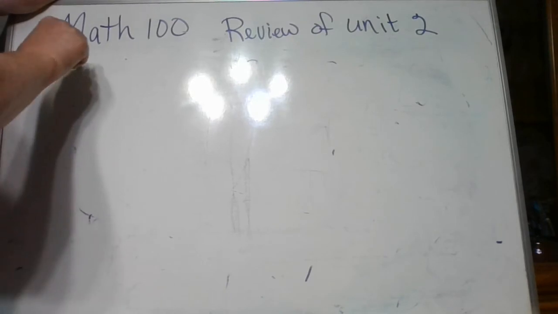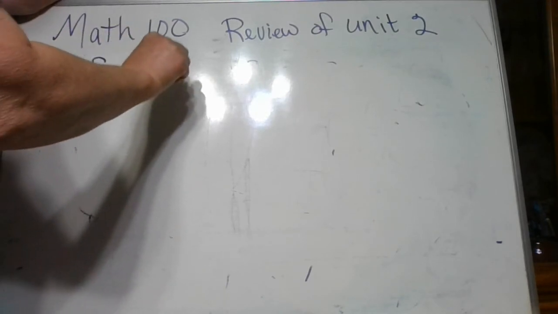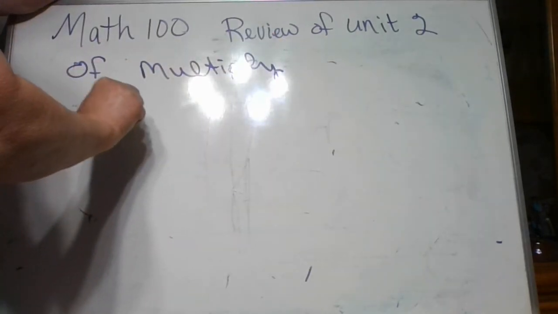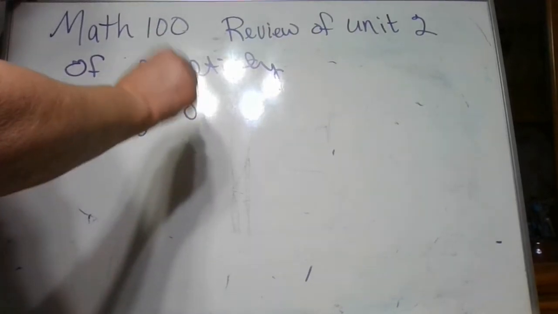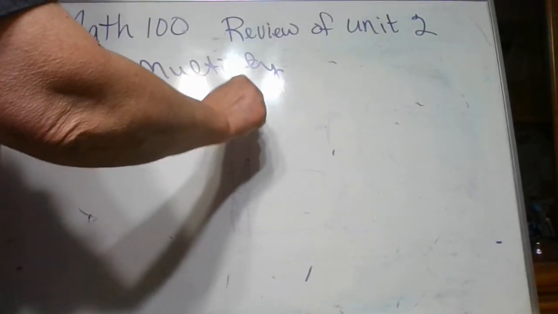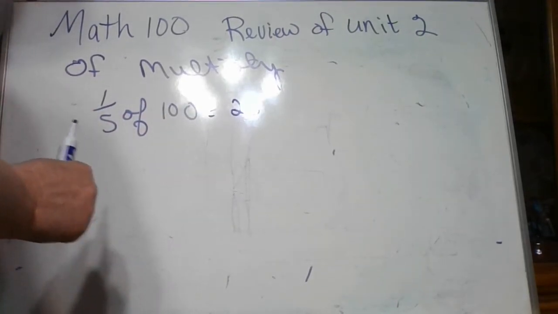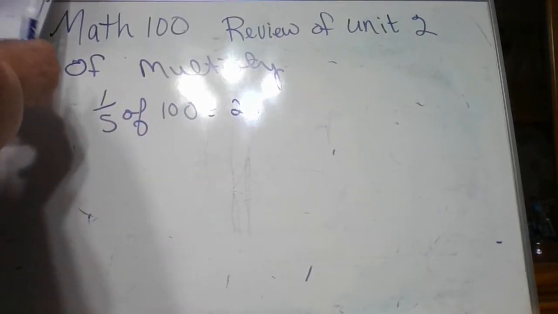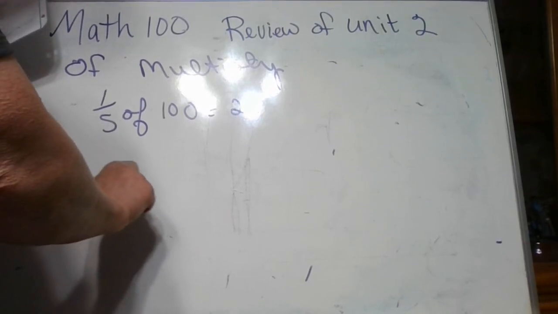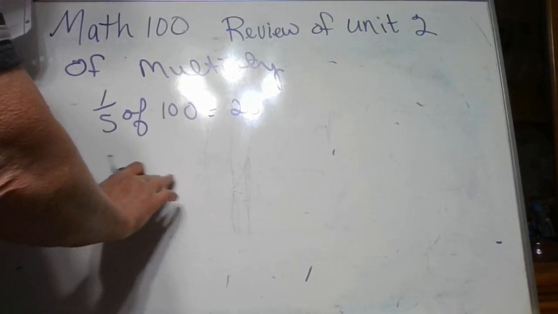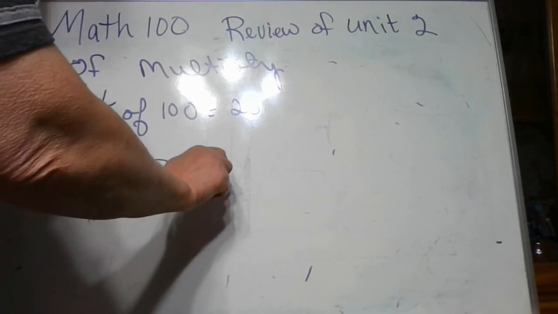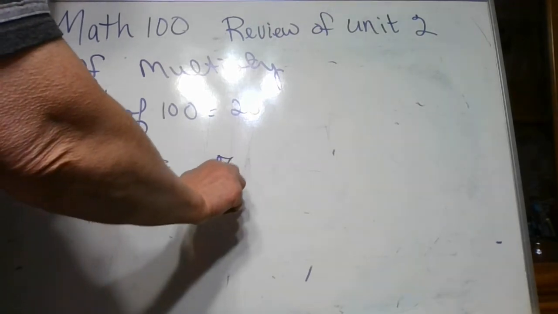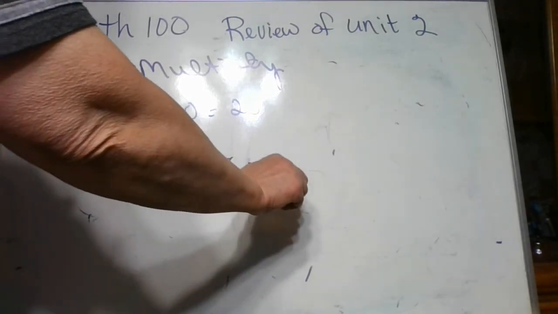I want to remind you that the word of means to multiply. So if I have 1/5 of 100, you would in your calculator put 1/5 times 100 and you would get 20. So just remember that of means to multiply. And if you have like 80 is 25% of what number?